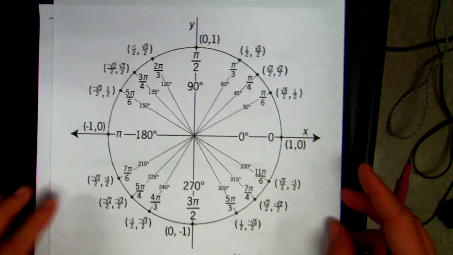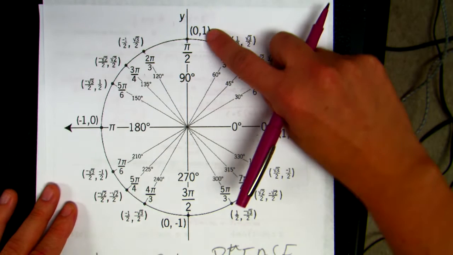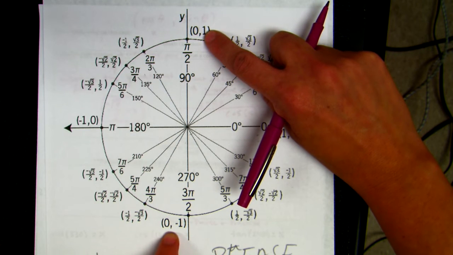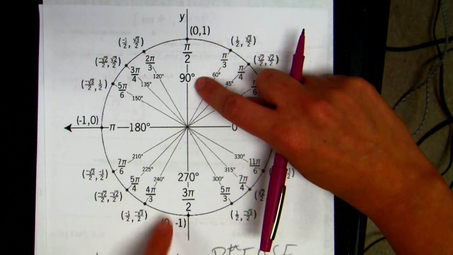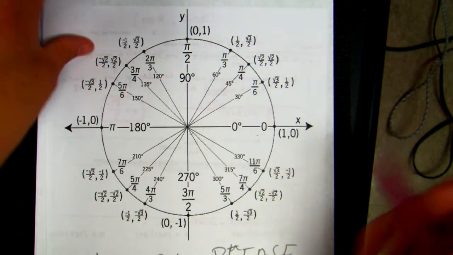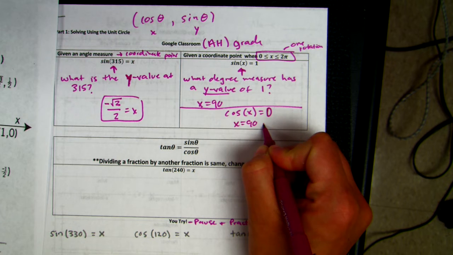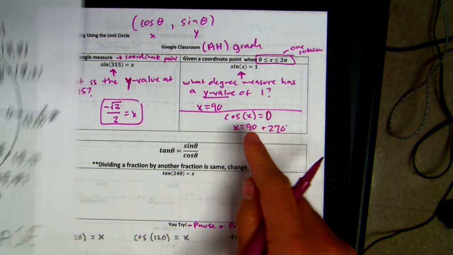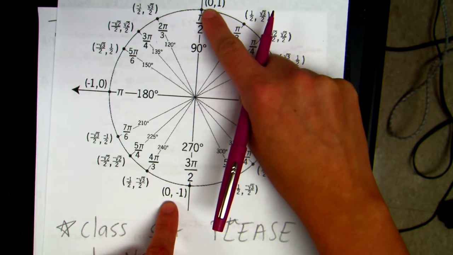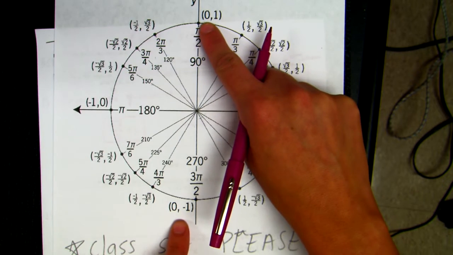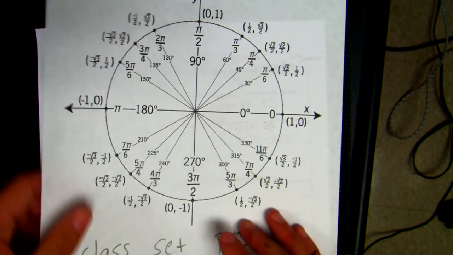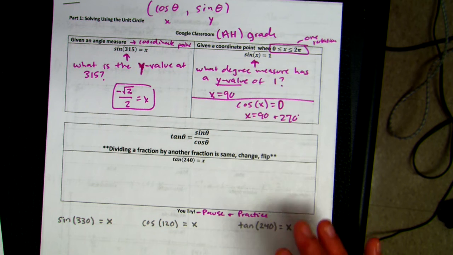If I'm looking at my unit circle, I see 2 places where I have an x value of 0, at 90 and at 270. So I would have 2 answers here, x equals 90 and 270, because there is more than one location on my unit circle that has an x value of 0. So just be careful of those double answers as well.